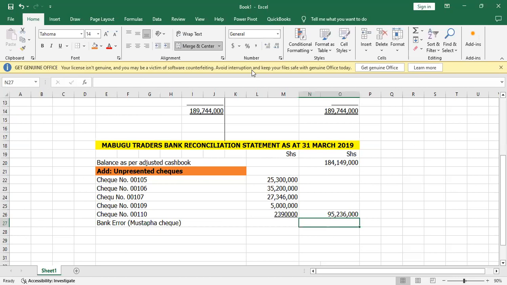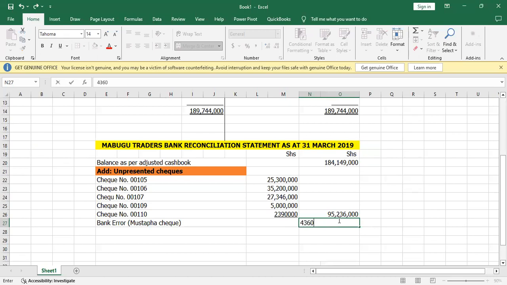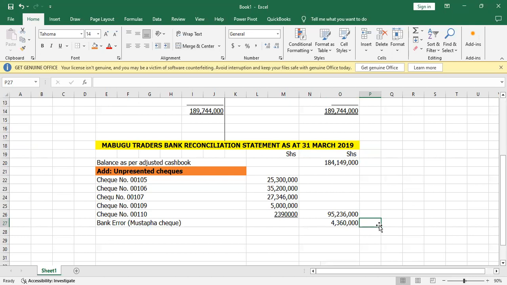So the bank has to adjust this. So when you prepare the bank reconciliation statement calculation, you have to add this on the adjusted cash book balance. How much is this? 4,360,000. So it goes as an addition to the adjusted balance as per the cash book.